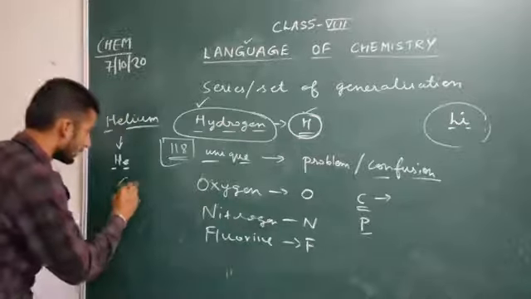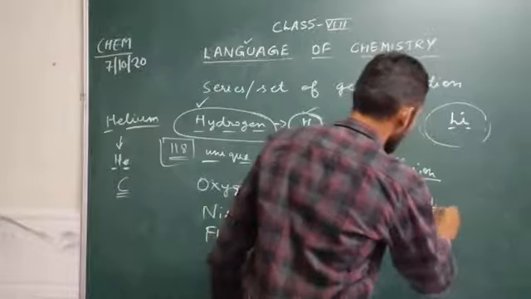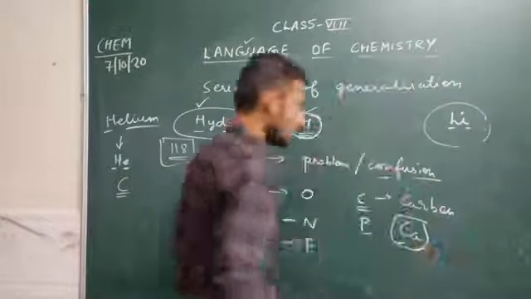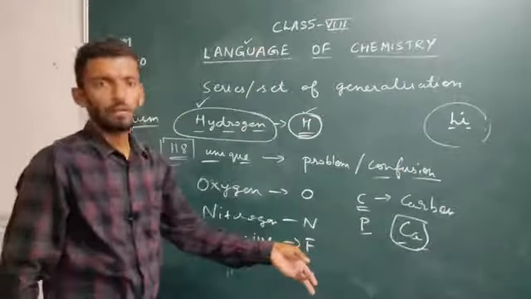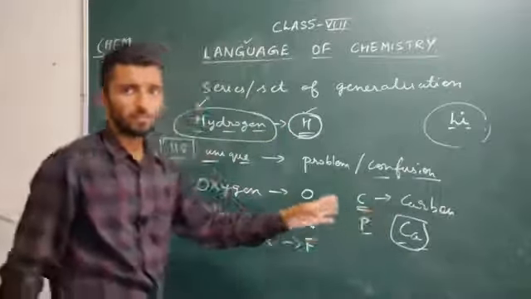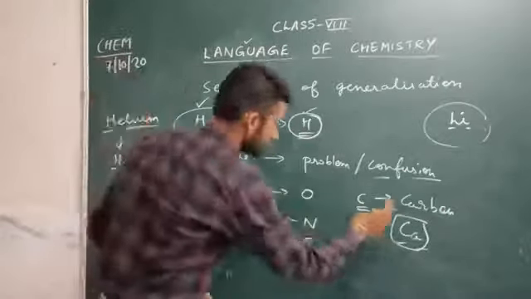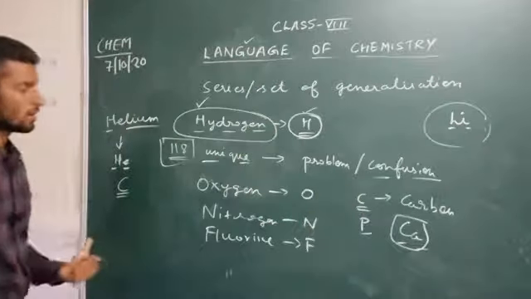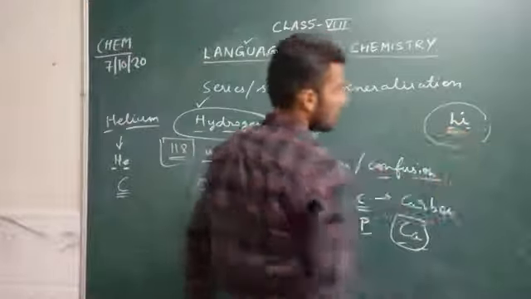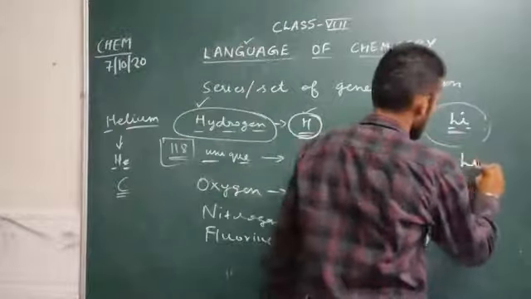Like carbon, it is written as C here. Similarly for calcium, we write Ca. Why Ca? Again simple. The reason is that the same confusion will be there if C is written for both carbon and calcium. That's why Ca for calcium, C for carbon. Similarly, lithium. We have many other elements in the periodic table. Lithium is Li.